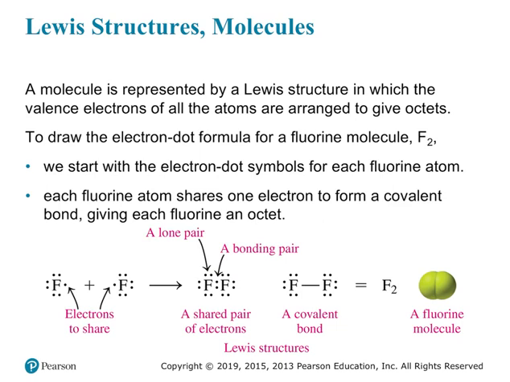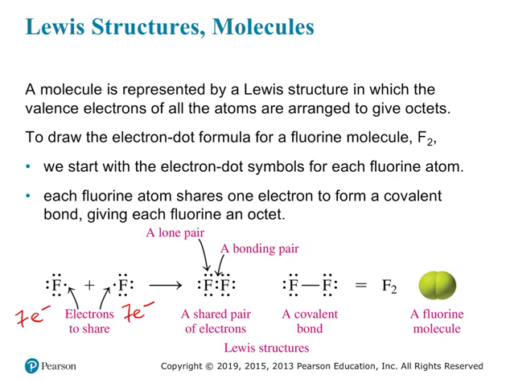All right, so again, we're going to draw these Lewis structures to show how atoms share electrons to achieve an octet of electrons. So previously I did show the structure for two fluorine atoms that are bonded together. So again, each fluorine has 7 valence electrons.